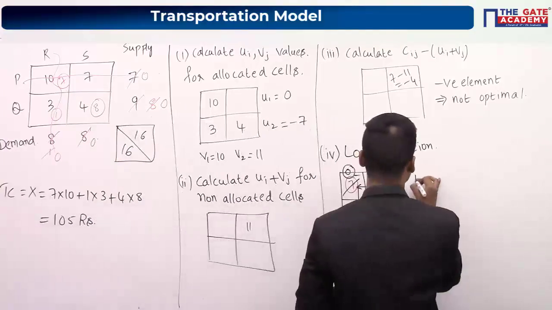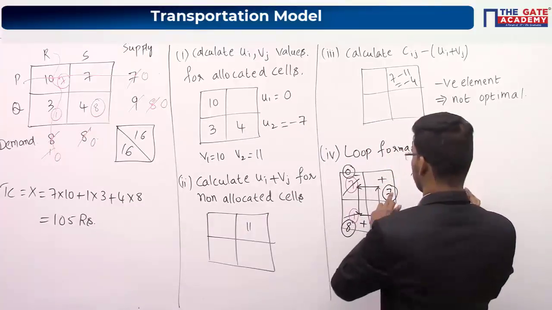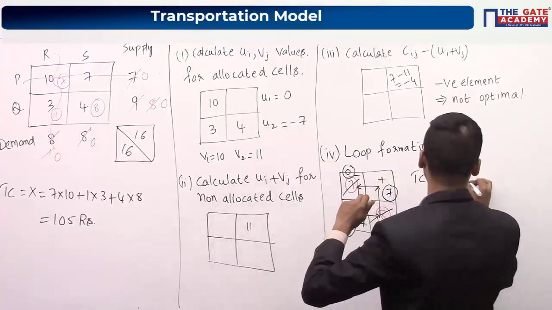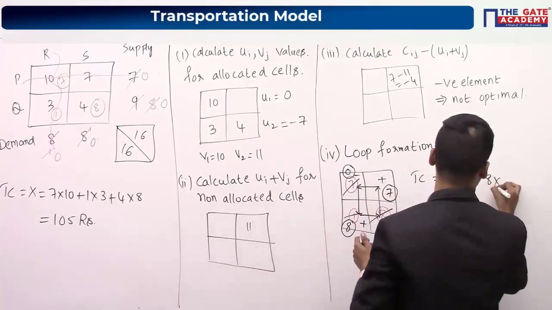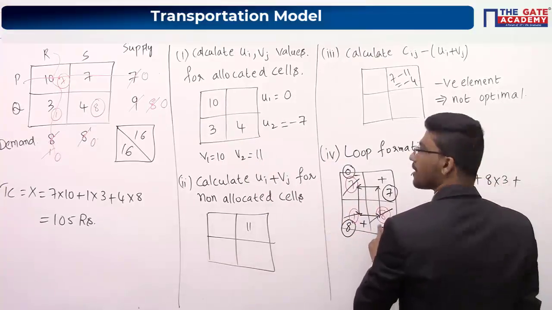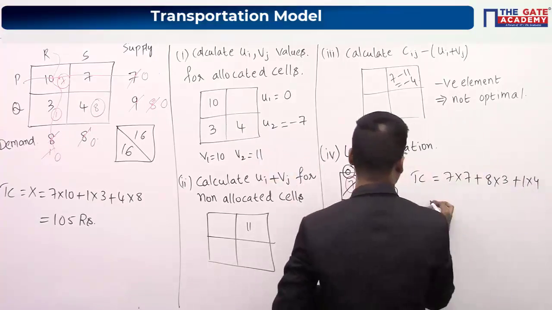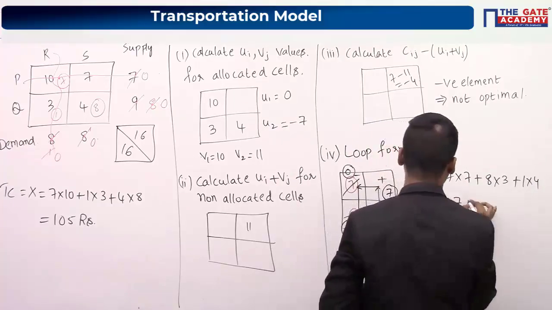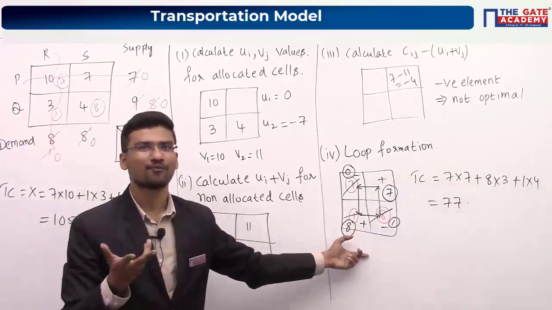Calculate total cost. Total cost is equal to 7 into 7 plus 8 into 3 plus 1 into 4. So I guess you are getting 77. Now again, is this the optimal solution? We don't know.